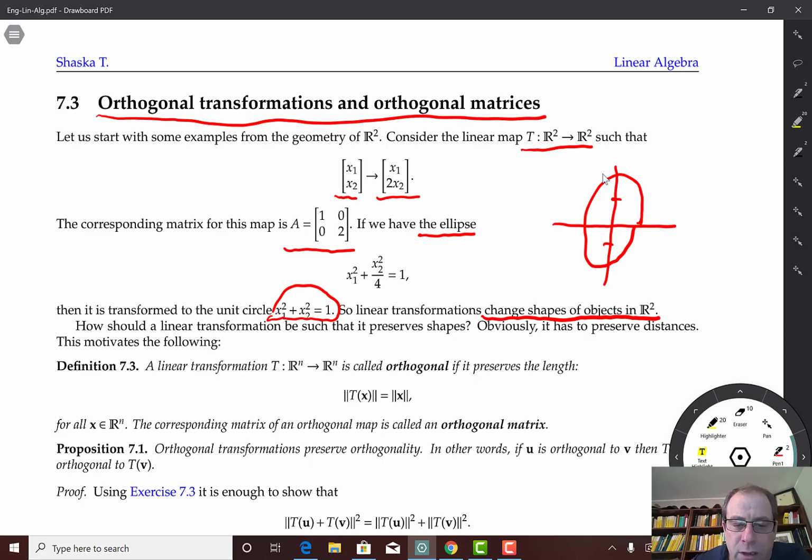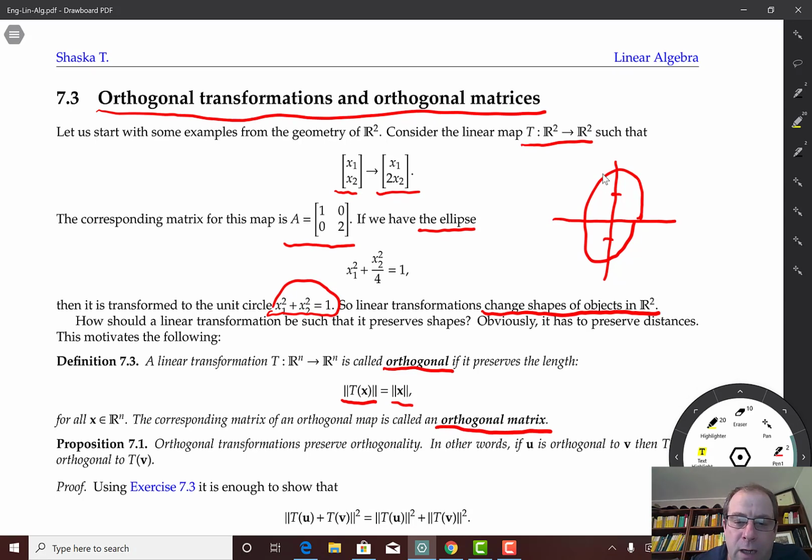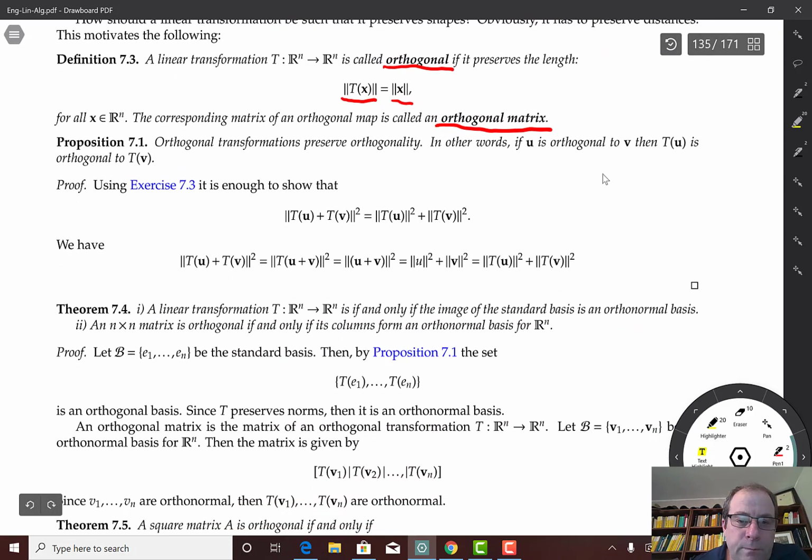So a linear transformation, we will call it orthogonal if it preserves the length. Namely, the initial vector x has the same magnitude as the image vector T of x. The corresponding matrix for such orthogonal maps or transformations will be called an orthogonal matrix. Now the name might look a little bit strange, or it doesn't make sense at the moment, but you'll see why we do that.